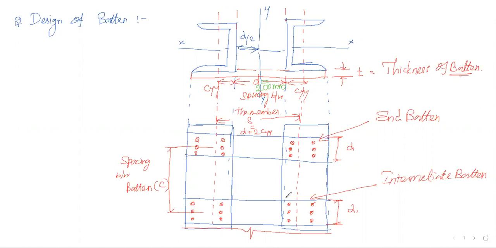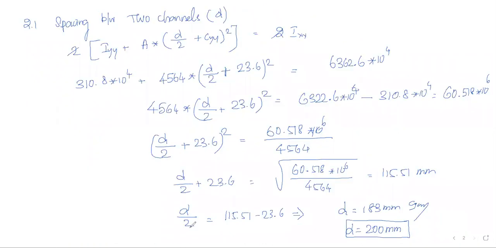Next we should move on to the spacing between the two battens. This value C we have to calculate, the spacing between the two battens. So 2.2, spacing between the two battens, that is C. What is the formula?